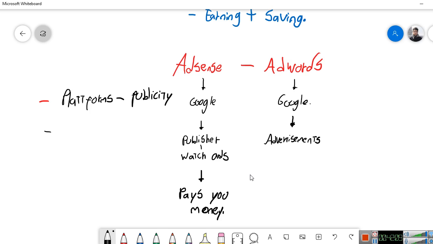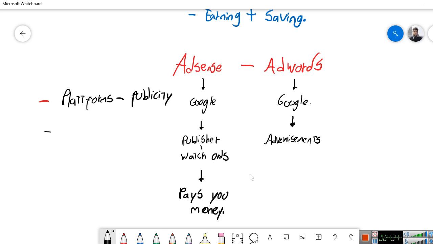For example, pay per click. You can put ads about different topics or different businesses. This is the main characteristic of AdWords.